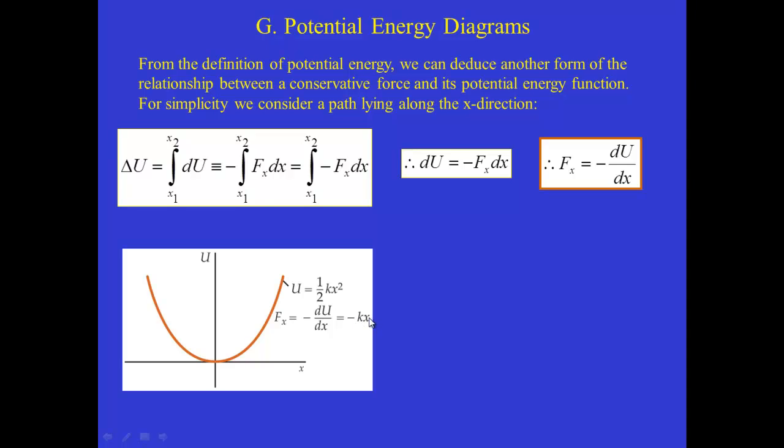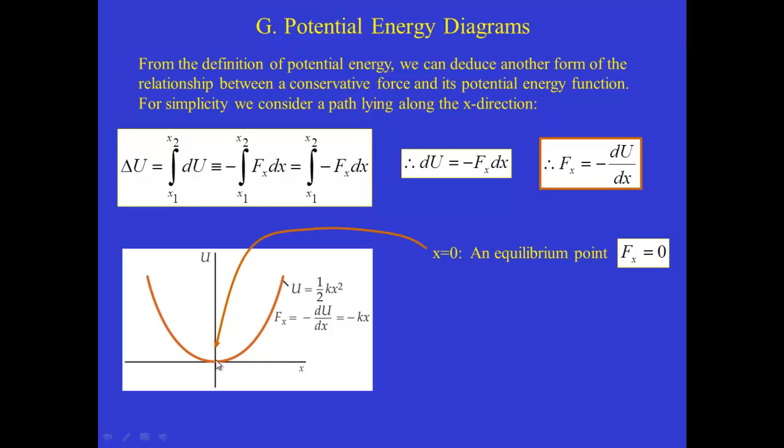And so this is consistent with what we used in order to calculate this potential energy function. So this just shows if we start with the potential energy function 1/2 kx squared, we get back the force law that's known as Hooke's law, and we know that has to be true. So that's how this formula works, it allows us to find the force if we know the potential energy function.